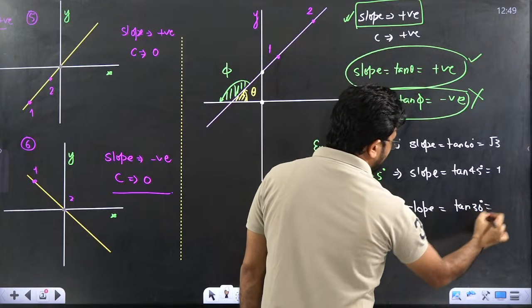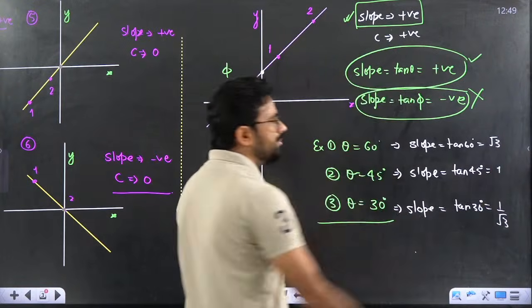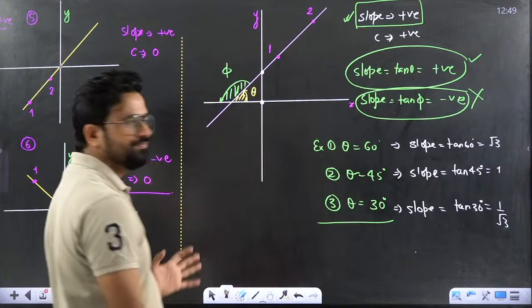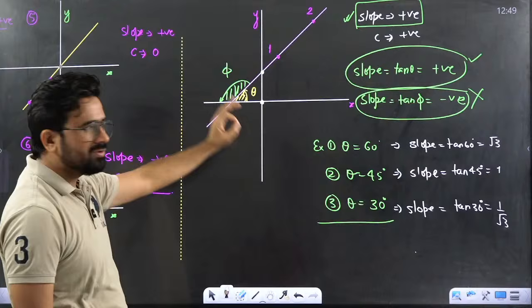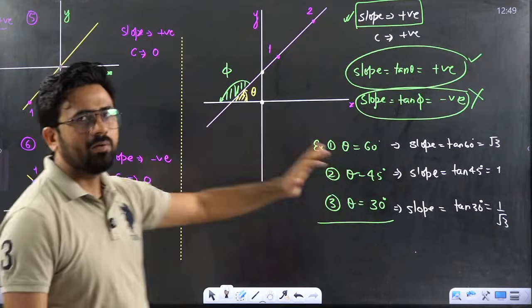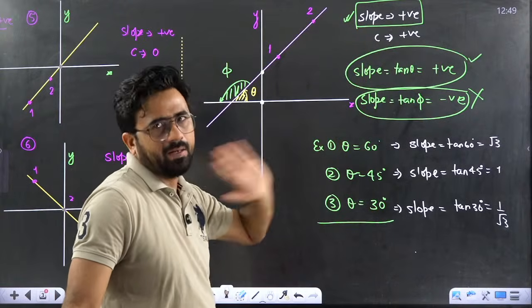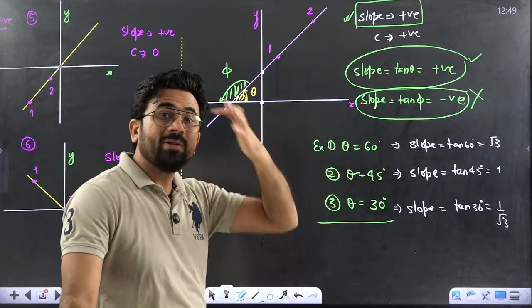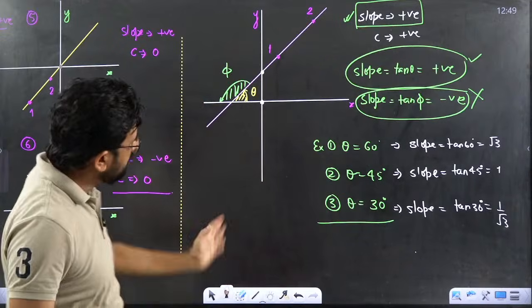Tan 30 degrees is nothing else, 1 by root 3. So these are simple ways to calculate the slope. Clear? If we know the angle theta, we can directly calculate. Nothing is a problem in that. We know the angle, we can calculate the slope. Sometimes slope is given, you can draw the straight line. Nothing is a problem. Okay, come to the next point.